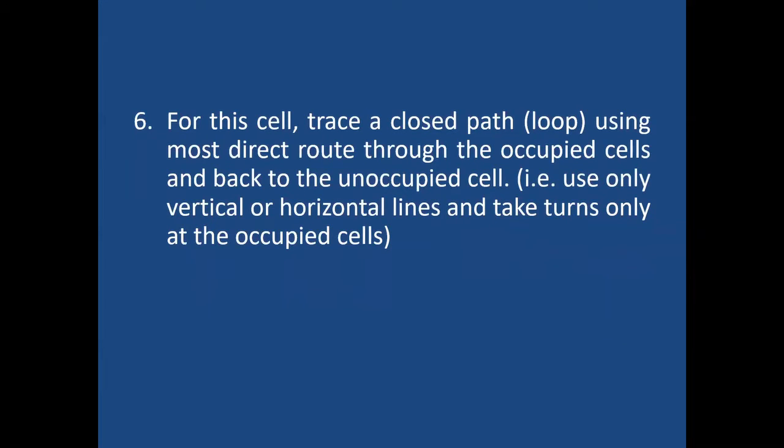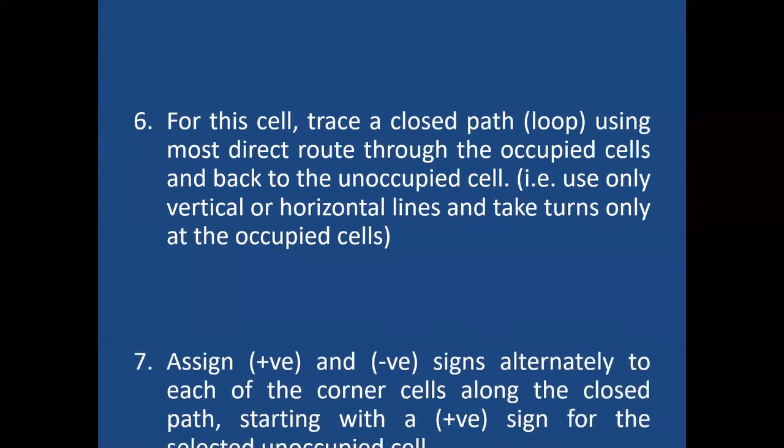Starting from this unoccupied cell which we have selected, we have to form a closed path such that I make use of only vertical and horizontal lines, and I can turn only at an occupied cell. So if I'm making a closed path, the lines will turn only in the cells which are occupied. Please remember this. You cannot have diagonal lines.